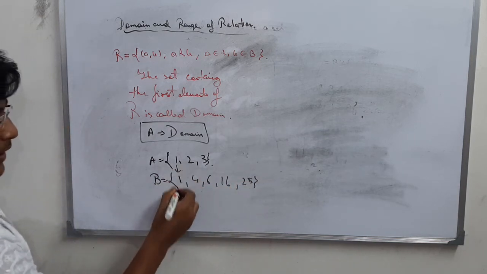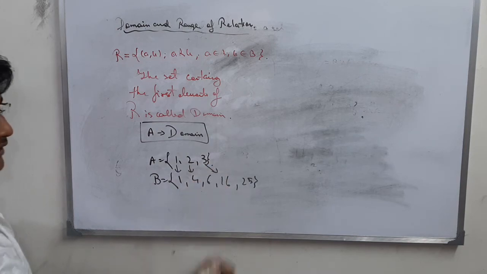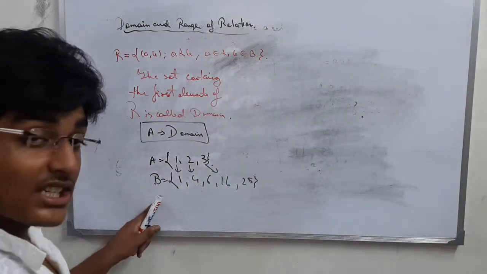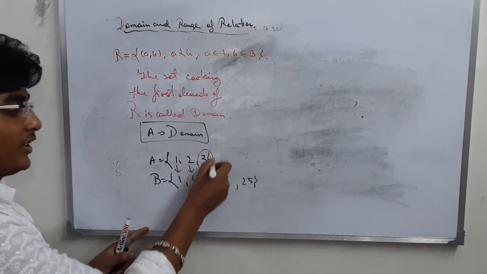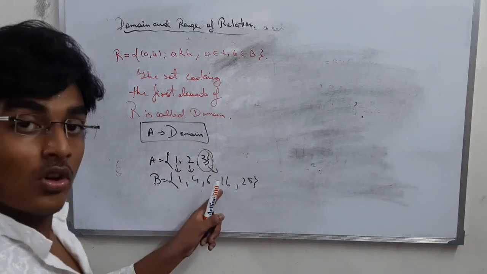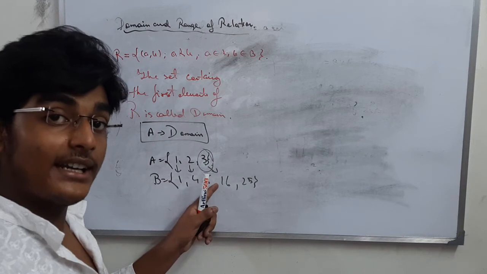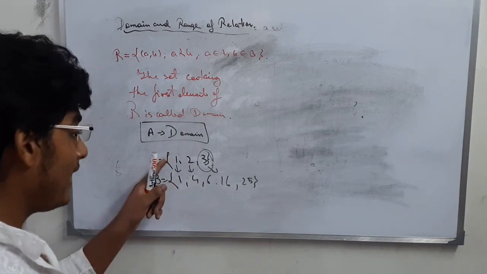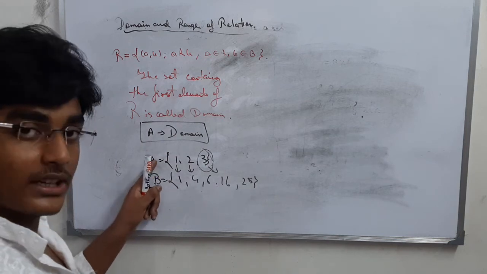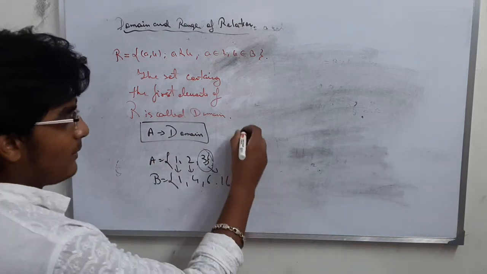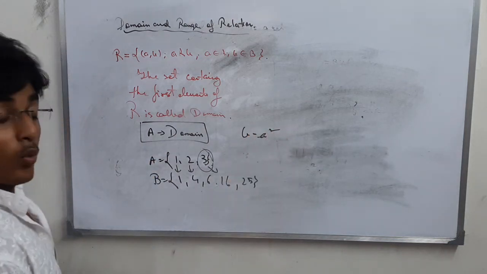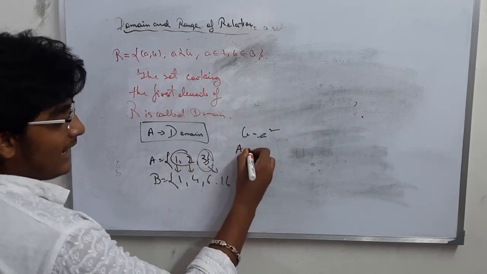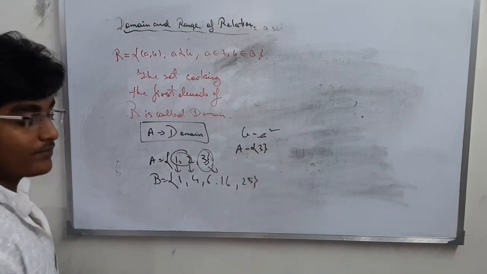Now 1 has its square, 2 has its square, 3 does not have its square here, right? That means the relation set will not include 3, because it has no related element in the other set. Hence the domain of the relation between these two sets, where B equals A square, will be 1 and 2. We also write it as A minus 3.